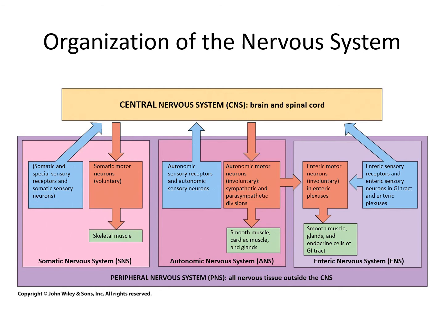So we have our input that tells you to do something, that tells you to respond to a dangerous situation, for instance. Maybe you're cold, it tells you to put on a sweater. So we have this sensory input, we have a somatic motor response, and this is voluntary, and it's going to affect skeletal muscle, which is voluntary muscle.